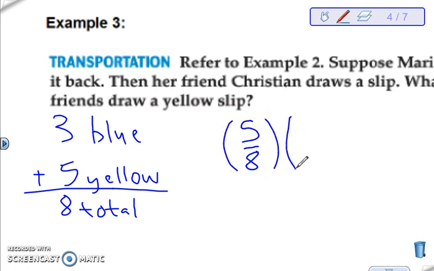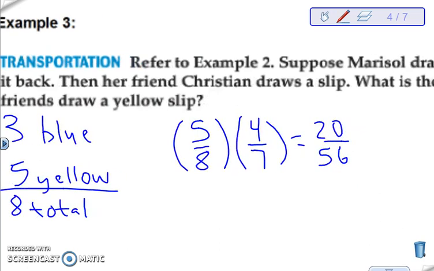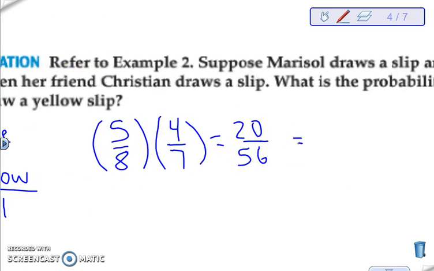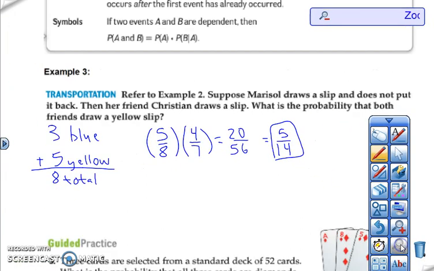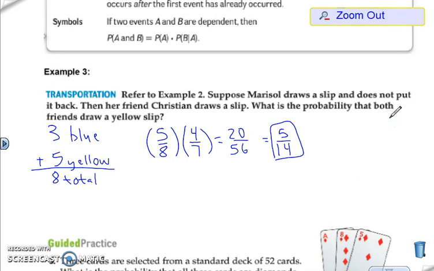If I do not put the yellow slip back, that means there are now 4 yellow slips remaining and 7 total. So we multiply our fractions, reduce the answer, and we should get 5 out of 14.